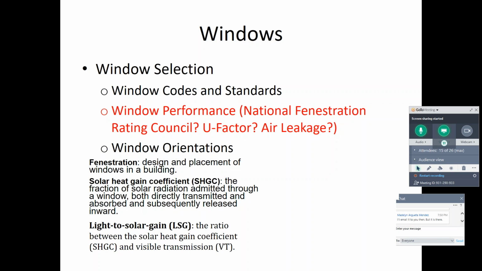Window orientations. So that was where we talked about passive design in the earlier chapter, and really I made all the comments on your homework, but that's more what I was looking for: window orientation, building orientation, number of windows, things that weren't active systems like solar or rain collection.